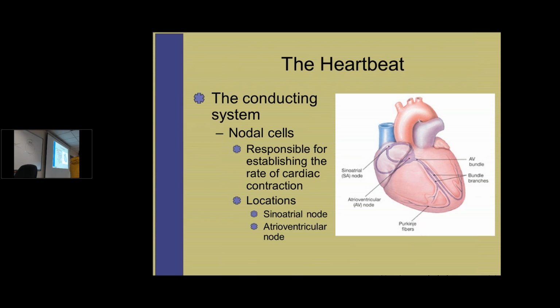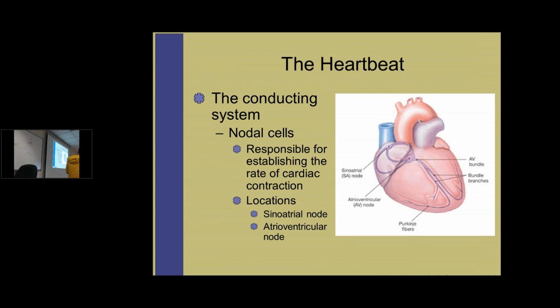If there's no connection to the AV node, the muscles of the atrium still contract. They're connected to the muscles of the ventricle, so you'll still get a conductive system through the muscles. It'll just be a lot slower. That's what takes that precision away.